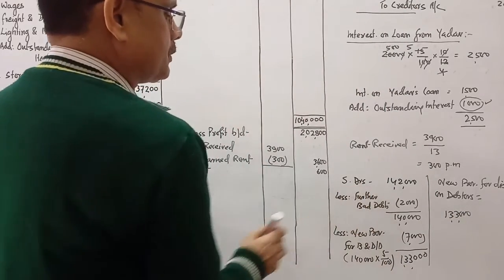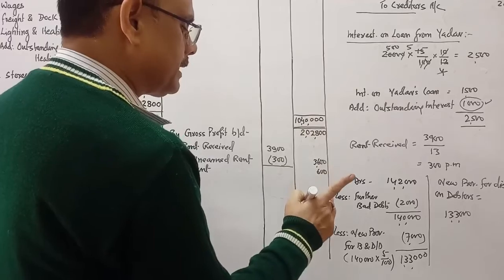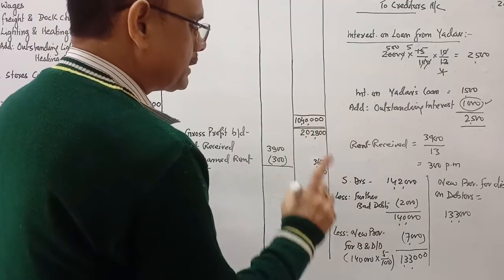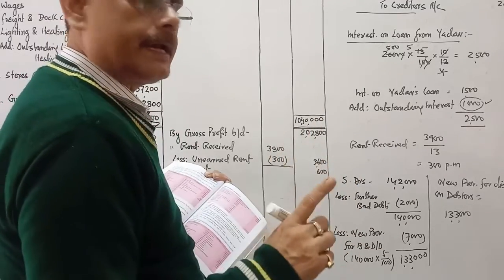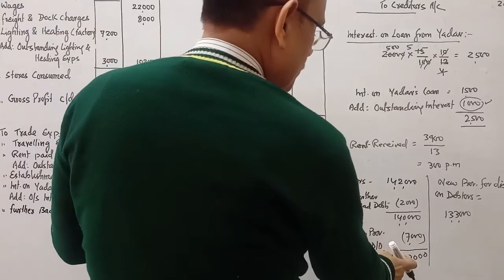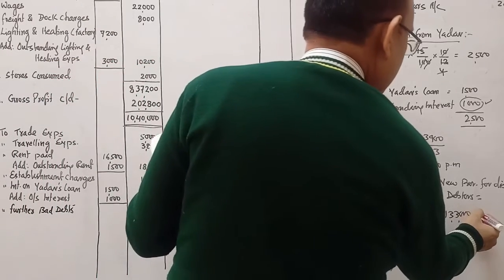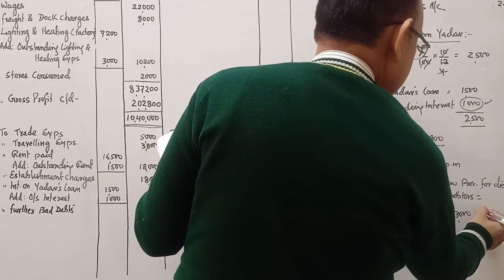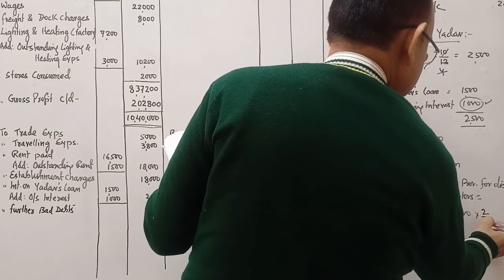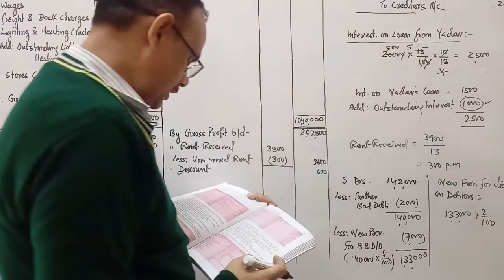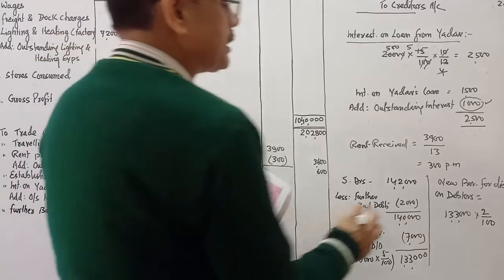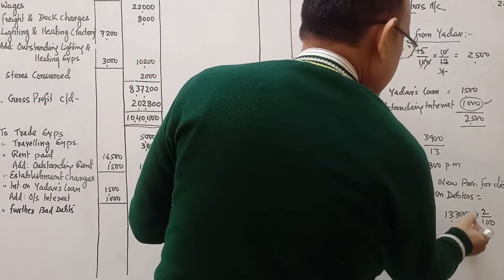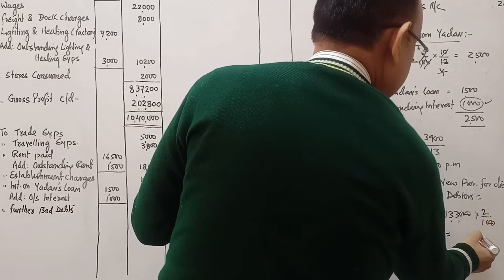From debtors, first of all we will deduct the further bad debts. Thereafter we will deduct the new provision for bad and doubtful debts, and on whatever amount is left we will calculate the new provision for discount, that is 2%. Adjustment number 4, 2% discount on debtors, so 2% discount on debtors is 2,660.